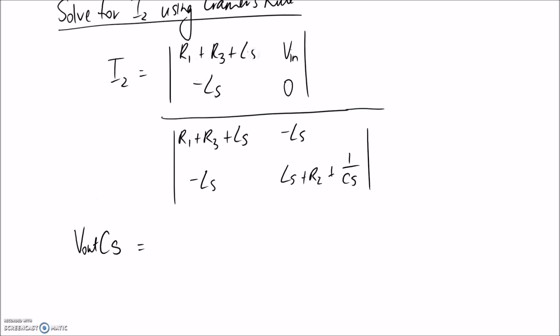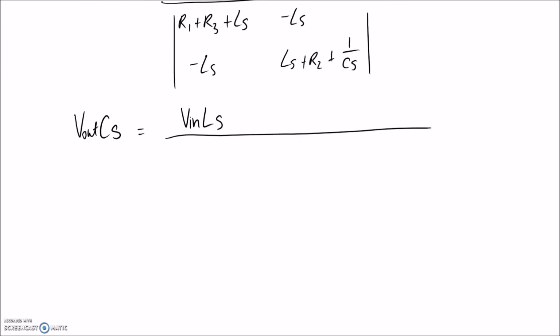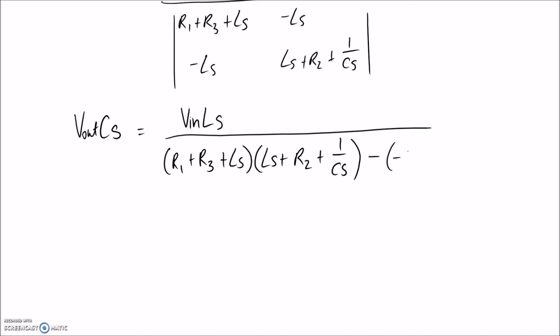On the top line, the determinant is going to be this times this, which is 0, minus this times this, which is V in LS. And now we just need the determinant that comes from the bottom line here. And we minus away this, and since they're the same, I'm just going to square it.